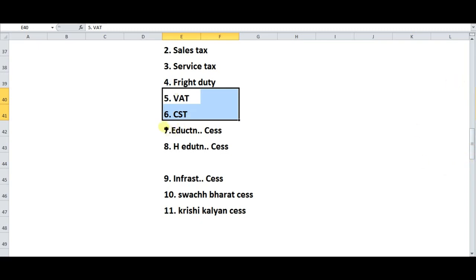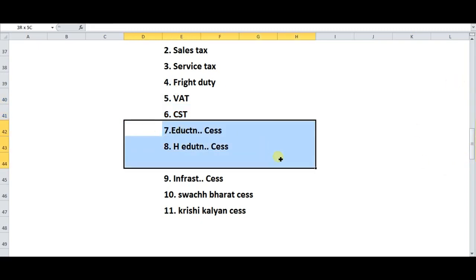So coming to the education cess, higher education cess, and newly introduced cesses like infrastructure cess, Swachh Bharat cess, Krishi Kalyan cess.